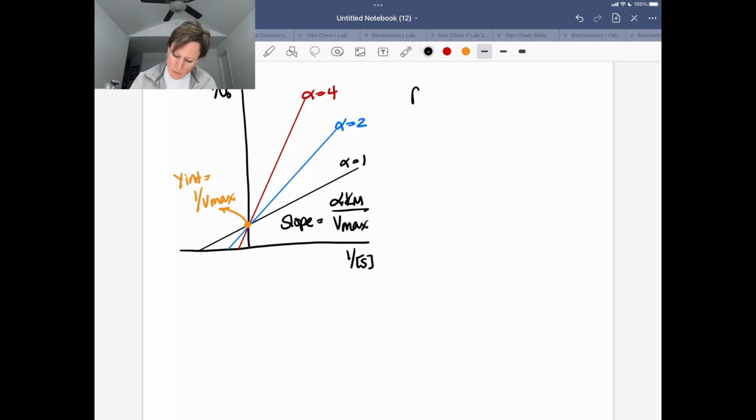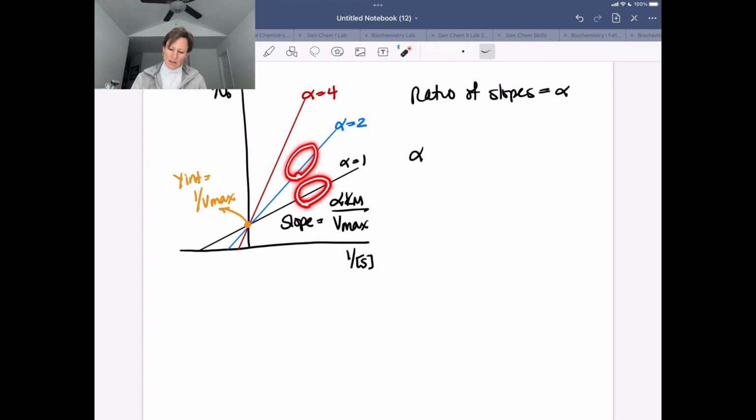So we can take the ratio of the slopes for our different experiments, and that gives us our alpha. Taking this slope and dividing by this slope, the alpha for that blue line is 2. Taking the ratio of the red line to the black line slope tells us that the potency of the inhibitor at that red line's concentration is 4. We know the concentration of the inhibitor that we used to get the red line and the blue line.